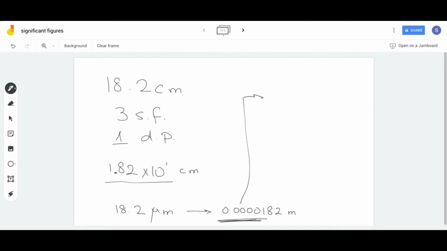So what I can do here is write this as 1.82, and then you count how many places you move: 1, 2, 3, 4, and 5, into 10 raised to the power of negative 5 meters.